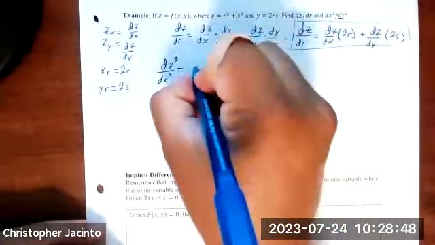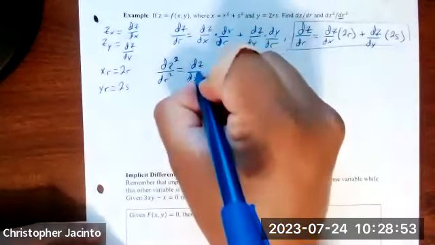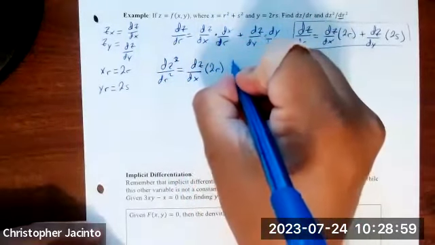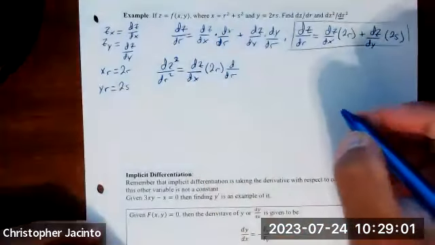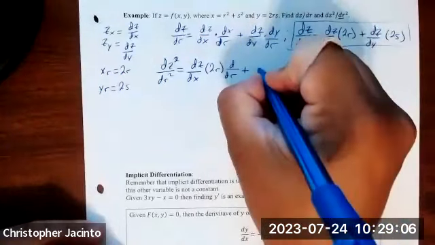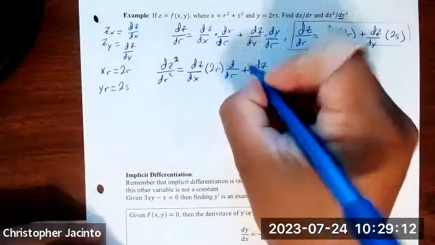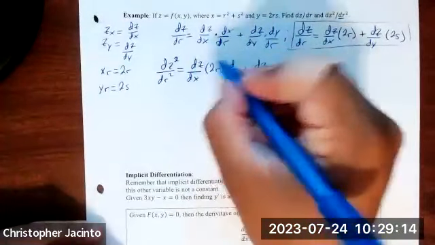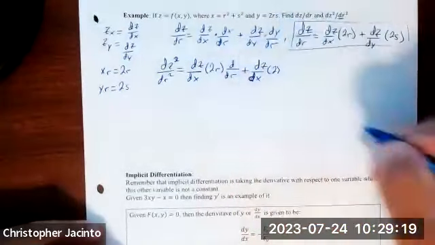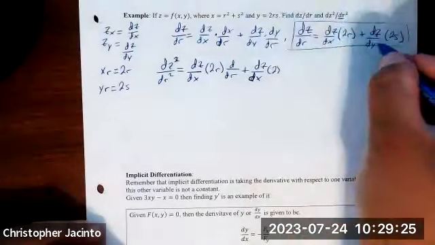So we're going to have dz dx times 2r times the derivative with respect to r, plus dz dx. So this is the derivative of this part. That's the partial there, if you guys are wondering. Times now the derivative of 2r, which is going to be 2. But it's like a product rule. And we keep going for the other part here.